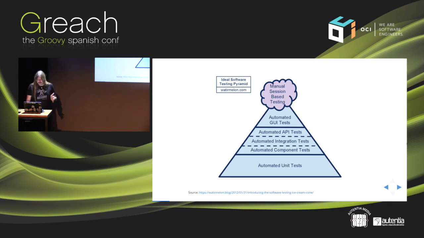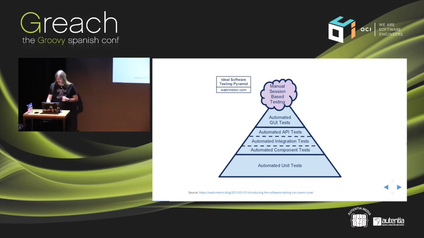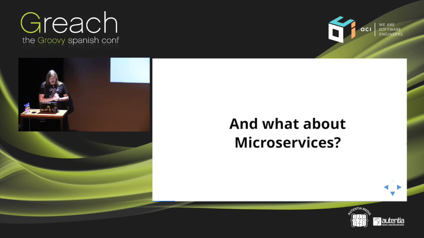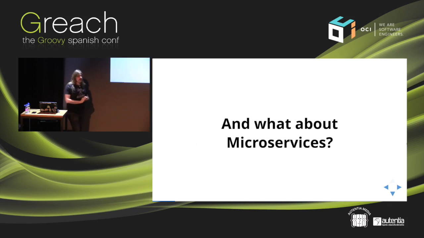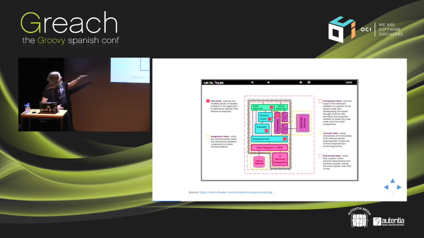So, this is a classic testing pyramid, and this applies really well for monolithic applications, web applications, and so on. What about microservices? Is the testing pyramid for microservices still built the same way? Maybe it is, maybe it is not. I've looked into some blog posts about it, and then I found this cool picture on Martin Fowler's blog. It's about different testing layers for microservices.